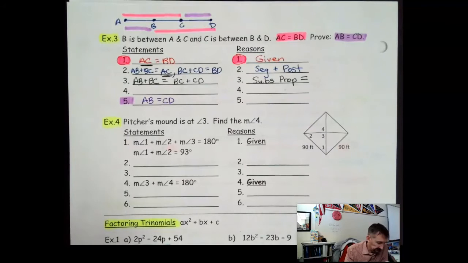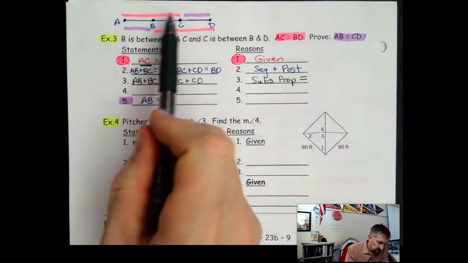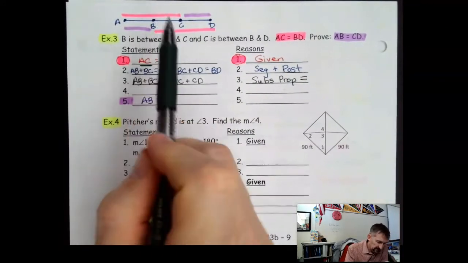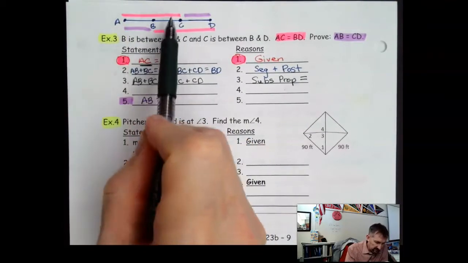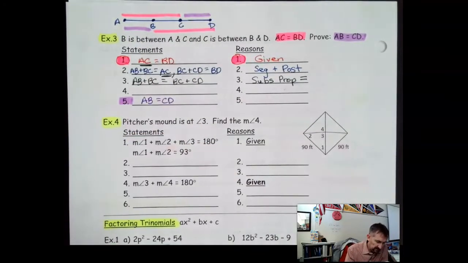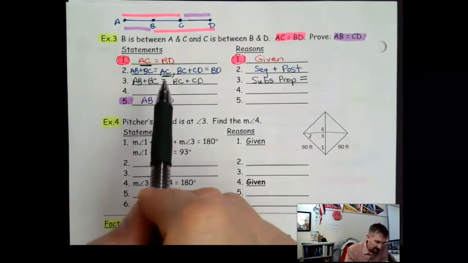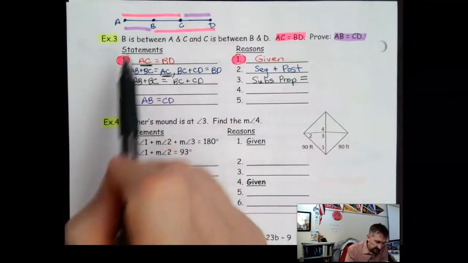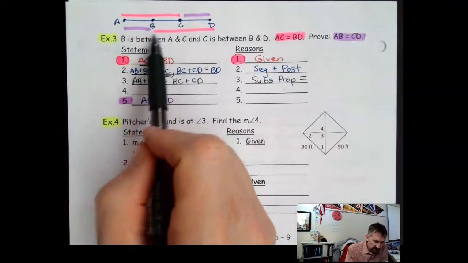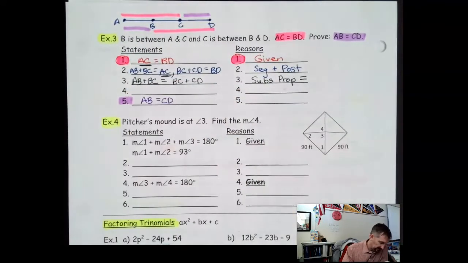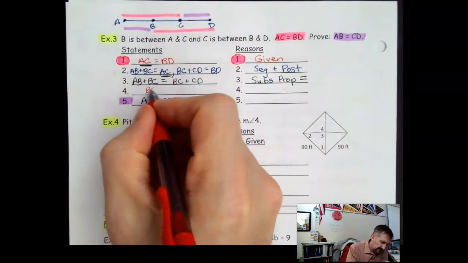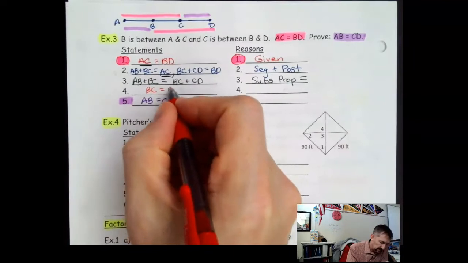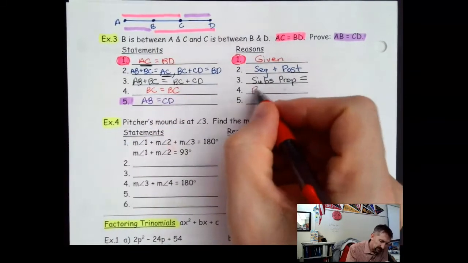Okay, now we have this plus this equals this plus this. We have this pink part equals this pink part. We're just trying to get those pieces. If you notice, the two pink pieces overlap from B to C. So what we can do is say that BC equals BC.